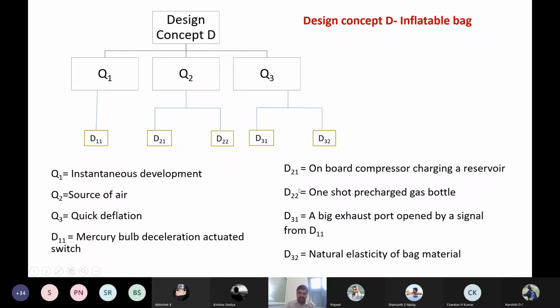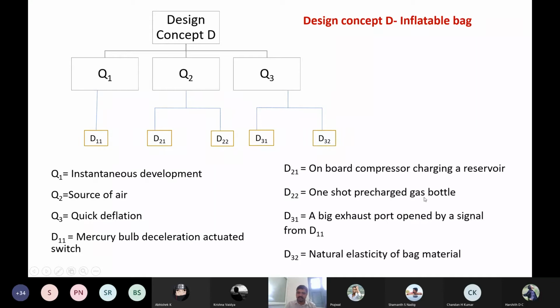Here in this given problem, there are two possibilities for source of air: an onboard compressor charging a reservoir. That means the compressor will suck air from the atmosphere, the pressure will be increased, and that will be delivered to the inflatable bag system. Next, a one shot pre-charged gas bottle.